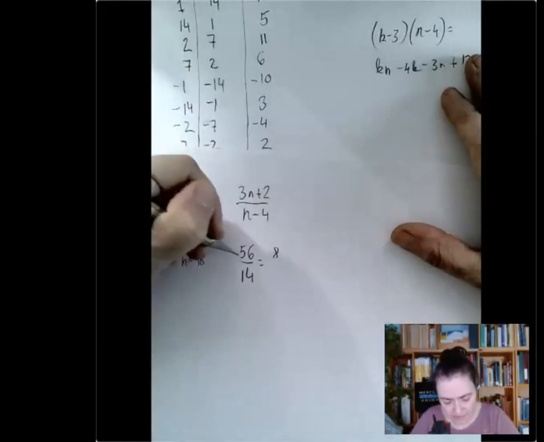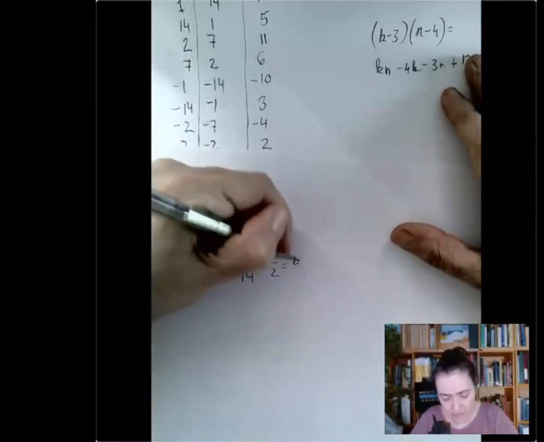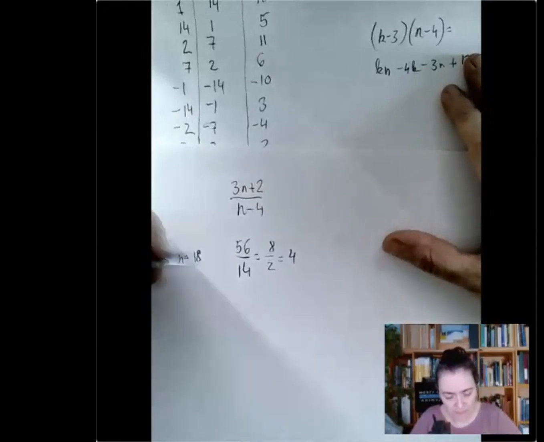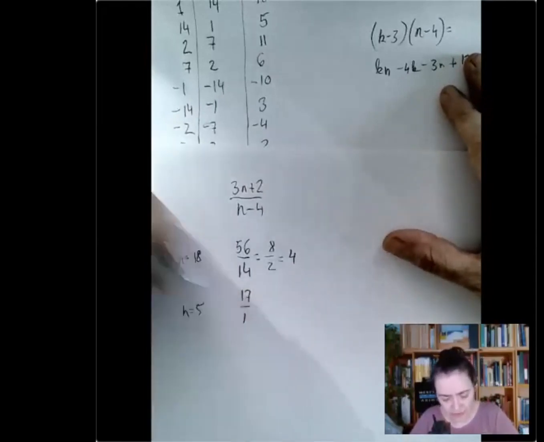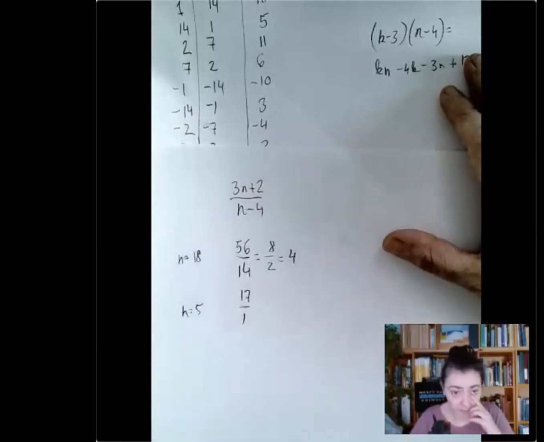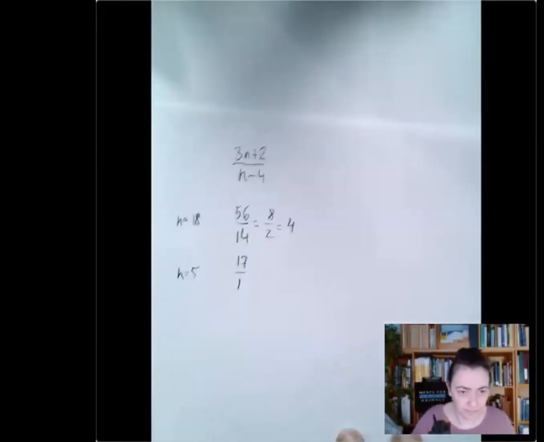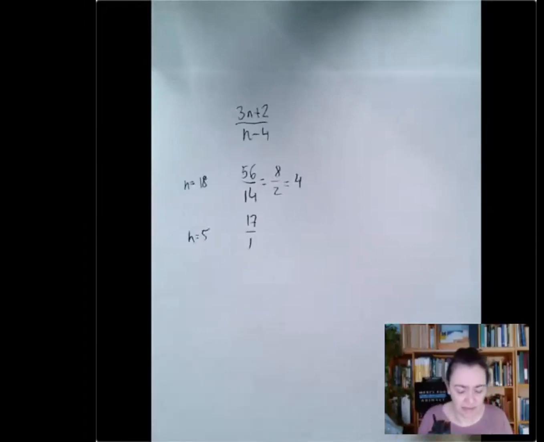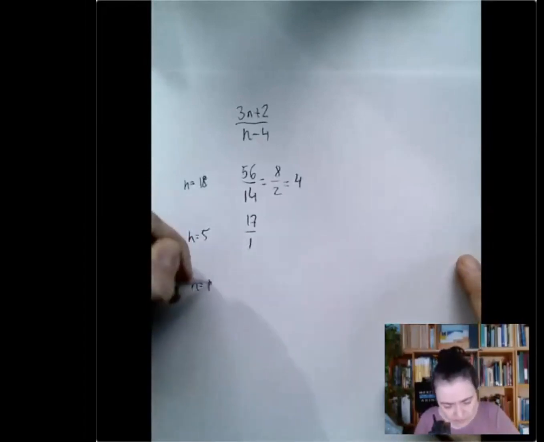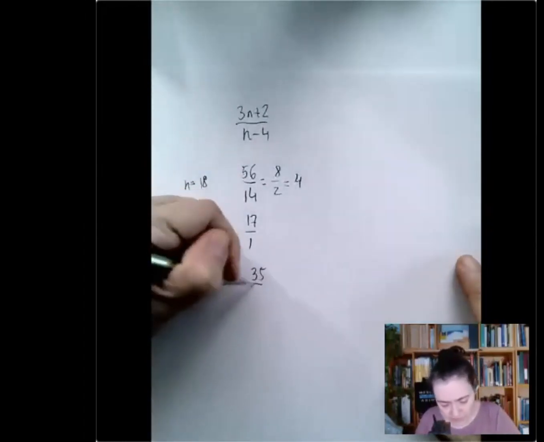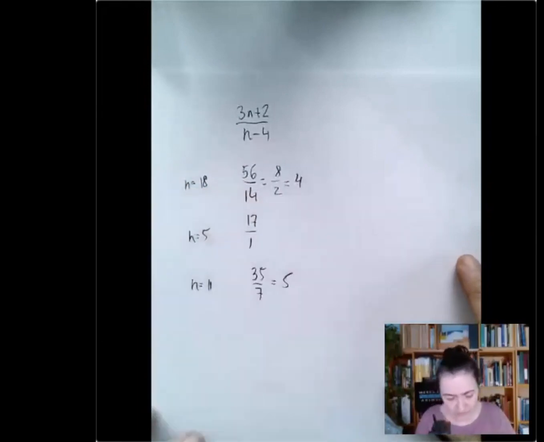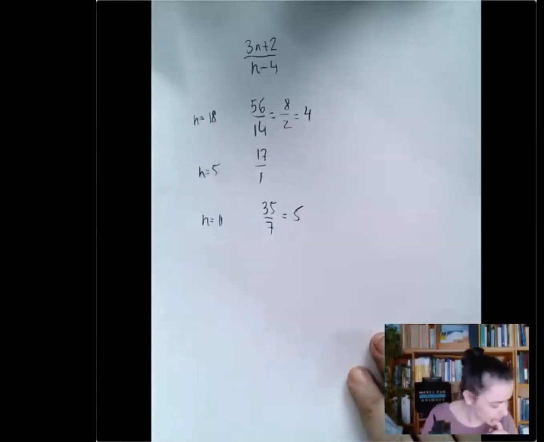This is 8 times 7. This is 2 times 7. So we get 4. That's an integer. n equals 5 is no surprise because it's 17 over 1, right? 3 times 5 plus 2 is 17, and the denominator is guaranteed already. n equals 11 is more interesting, I guess. 33 plus 2 is 35 over 7. Again, it looks like 7 occurs a lot.